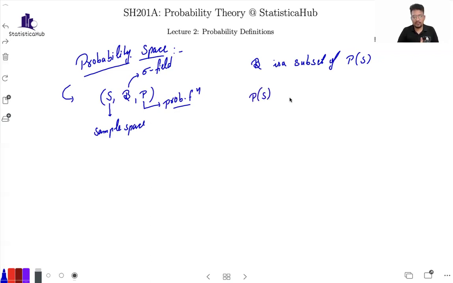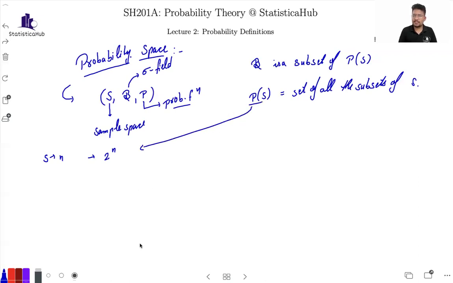If someone is unable to understand the meaning of power set, it is the set of all the subsets of S. If S has n elements, there will be 2 raised to the power n subsets. This power set contains all these subsets.